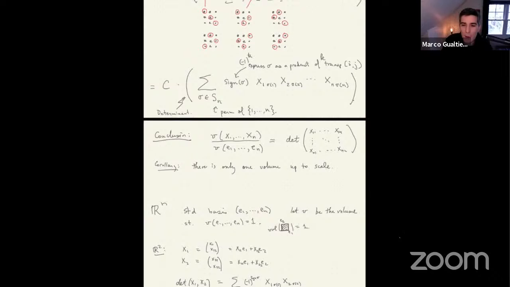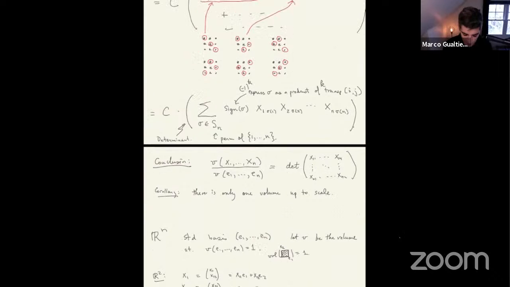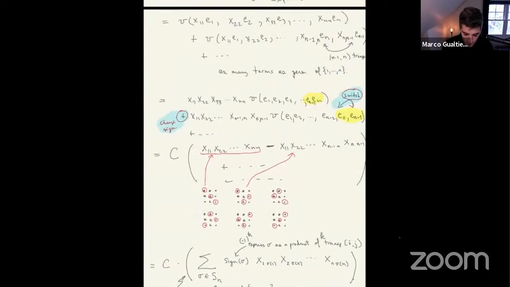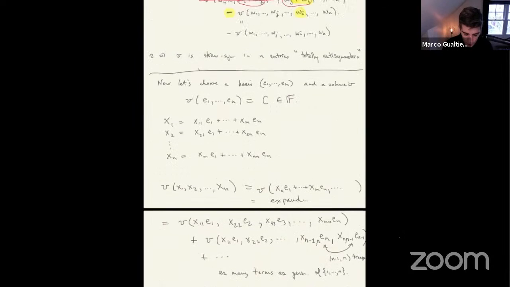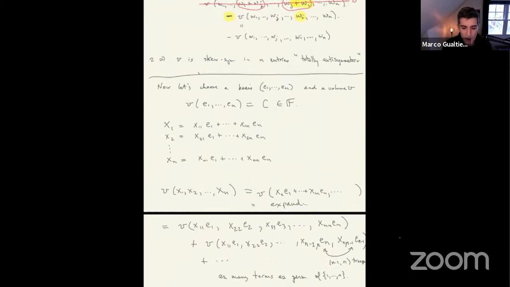I'm going to say more about determinants next week, but it's not quite right to say the determinant of a list of vectors, because you kind of need to be able to expand that list of vectors in terms of a basis. It's really the following.